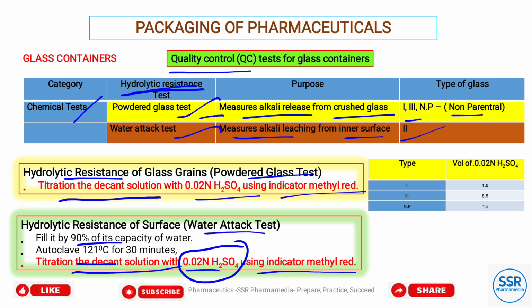Here the titrant used is 0.02N normality of H2SO4. Type 1 is 1.1, type 3 is 8.5 and other non-parenterals 15.